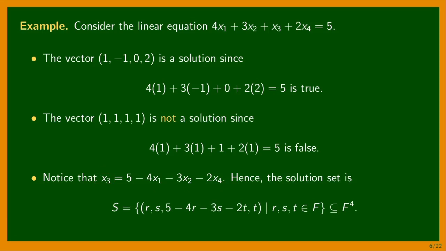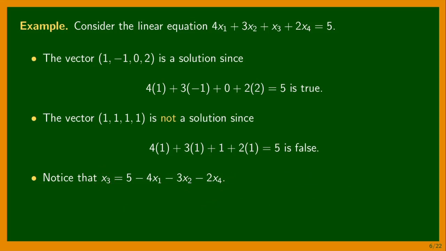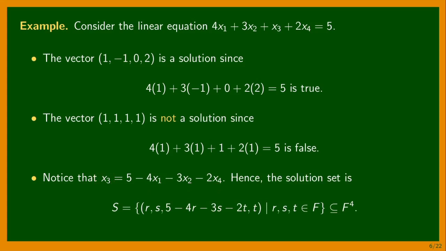Meaning to say, if one assigns a number to each of x sub 1, x sub 2, and x sub 4 arbitrarily, then you get a unique value for x sub 3. Hence, we may write the solution set as follows. If you set x sub 1 to r, and you replace this by s, and you replace this by t, then you can write the solution set of this equation as follows.